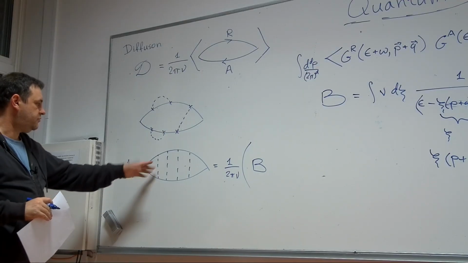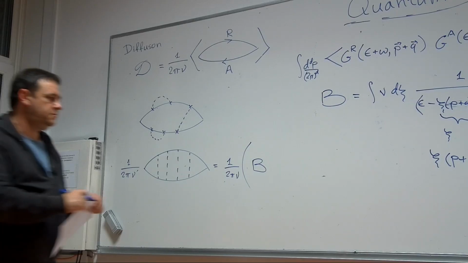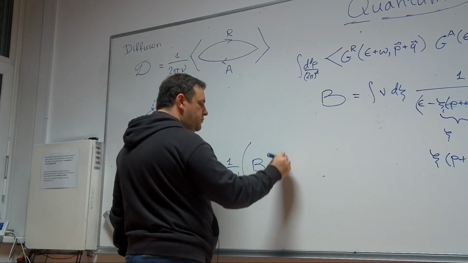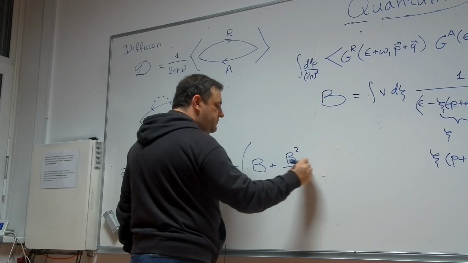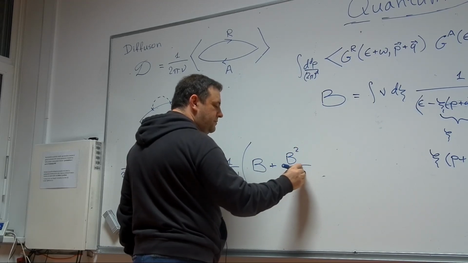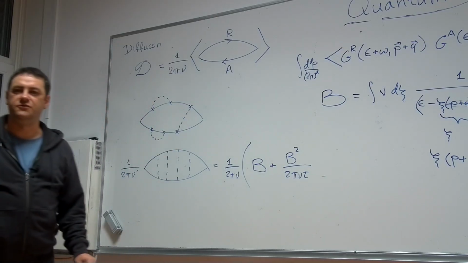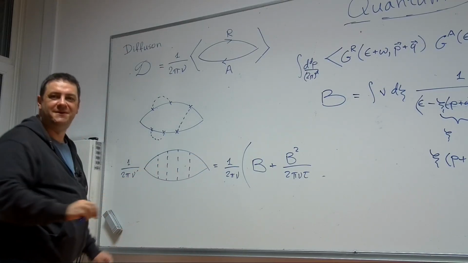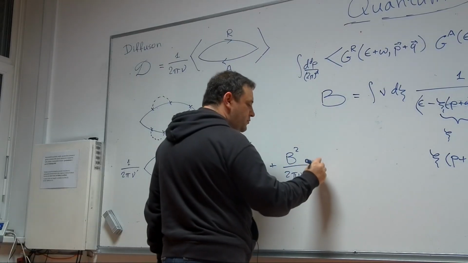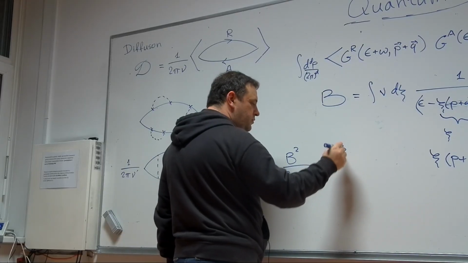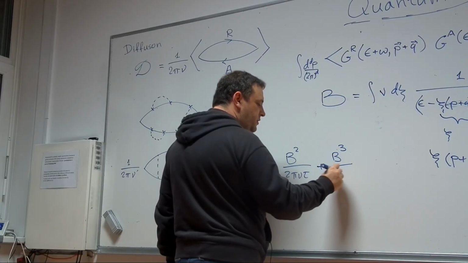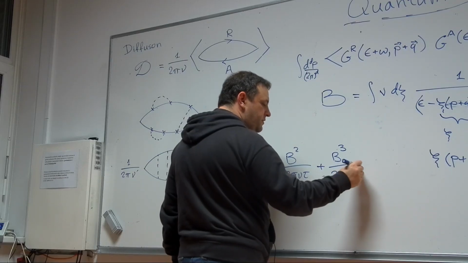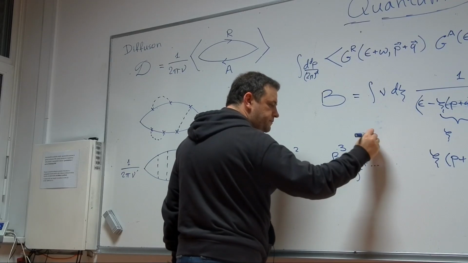Then there is a second term when I have only 1 vertical line, and it's called B squared divided by 2 pi nu tau, because this vertical line is 1 over 2 pi nu tau. And I have 2 such bubbles. Then I have next term, which is B cubed divided by 2 pi nu tau squared, and so on.